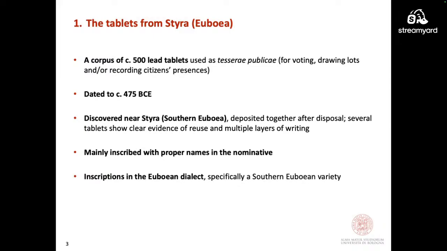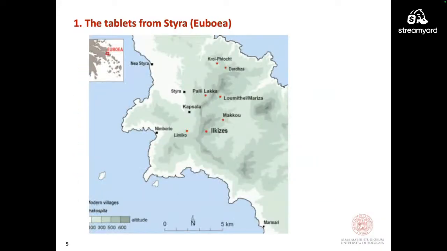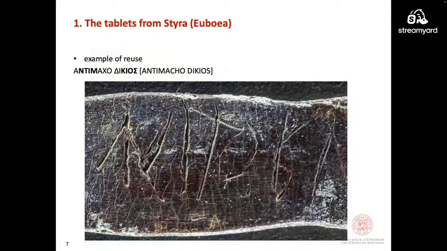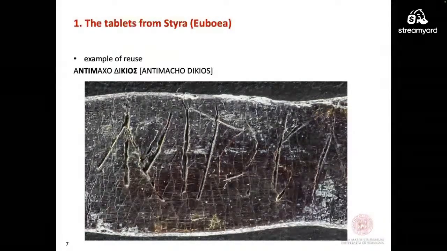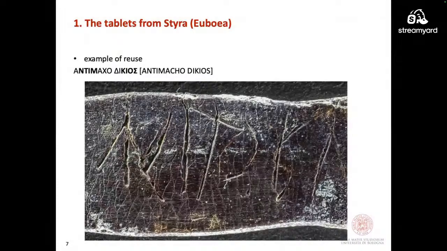Some exhibit clear signs of reuse with multiple layers of writing visible on the same tablet. I will show you this before going on. So, for example, here we have a case of reuse, and we see part of the more recent name, Antimacho, in the genitive. Genitives are quite rare.